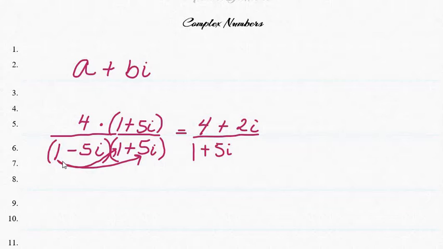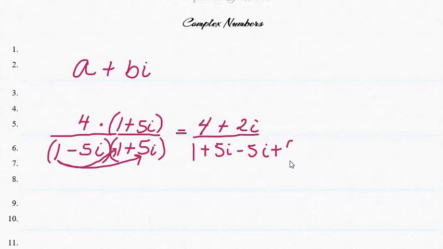So where are we at here? 1 times 1 is 1. 1 times 5i is 5i. Negative 5i times 1 is negative 5i. And negative 5i times positive 5i.